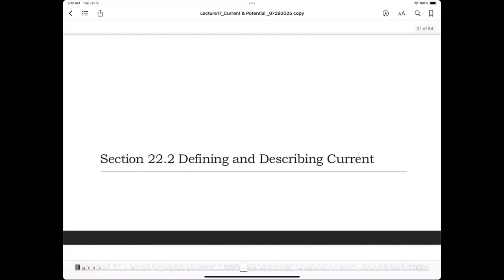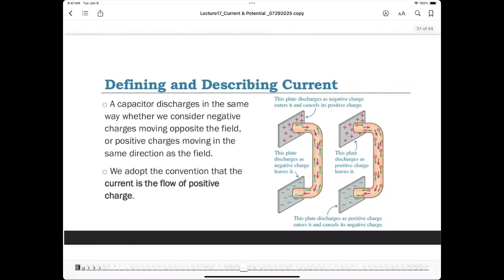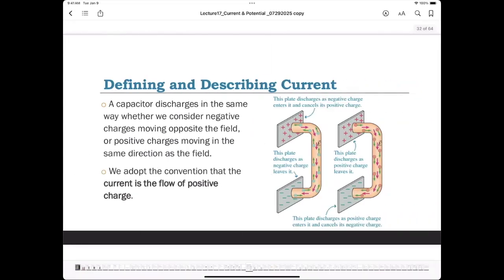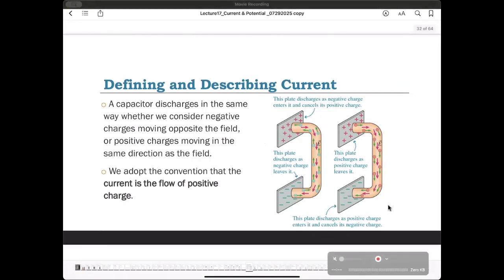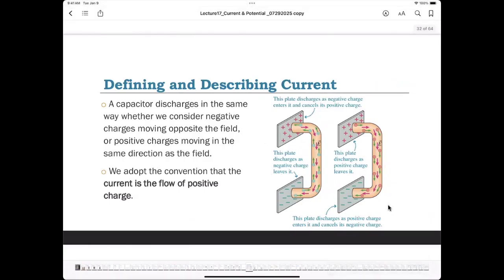Okay, let's talk about the other topic: how to define and describe current. A capacitor discharges in the same way whether we consider negative charges moving opposite the field or positive charges moving in the same direction as the field.